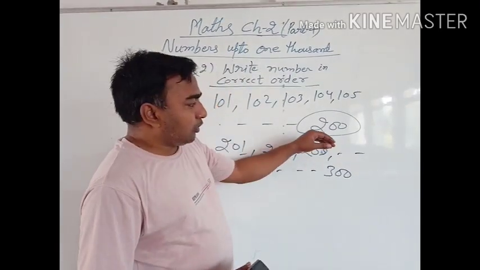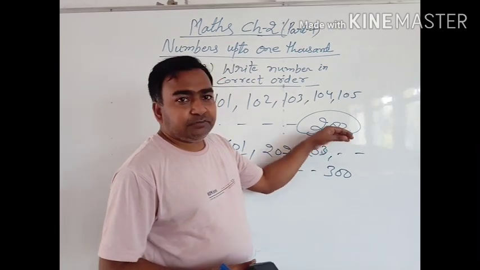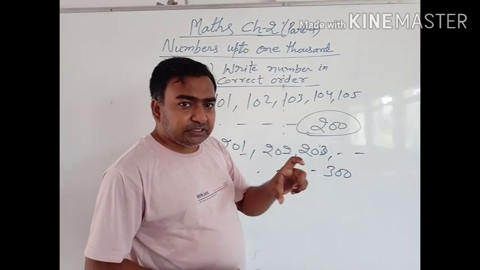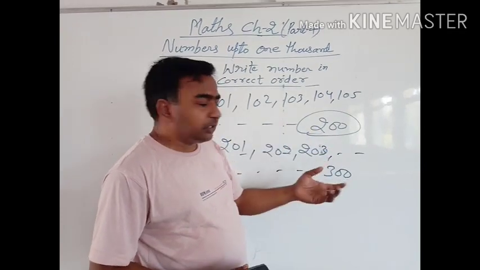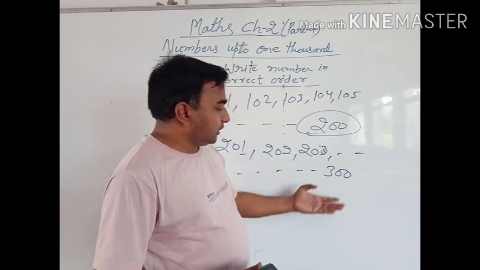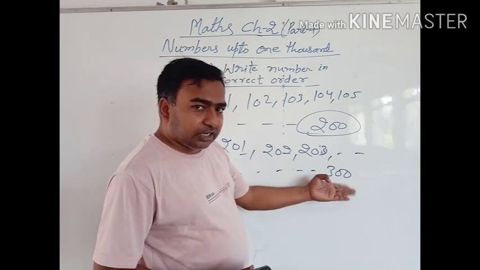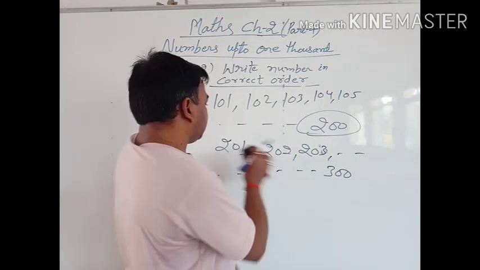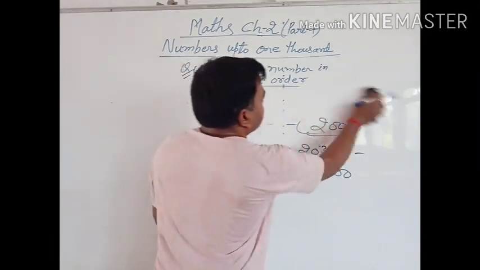After 100 we write 101, 102, 103, up to 200. After 200, 201, 202, 203, up to 300. After 300, 301, 302, 303. So this is counting.